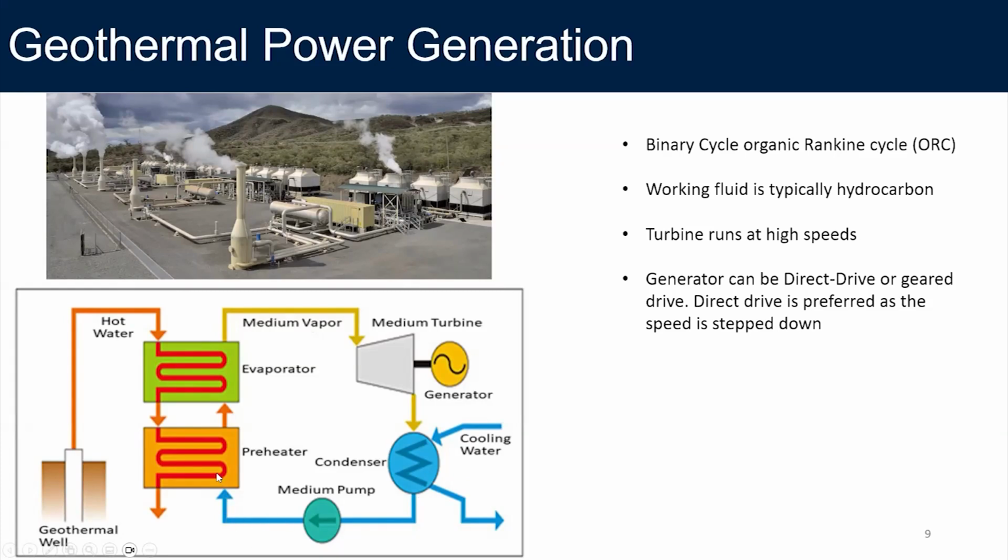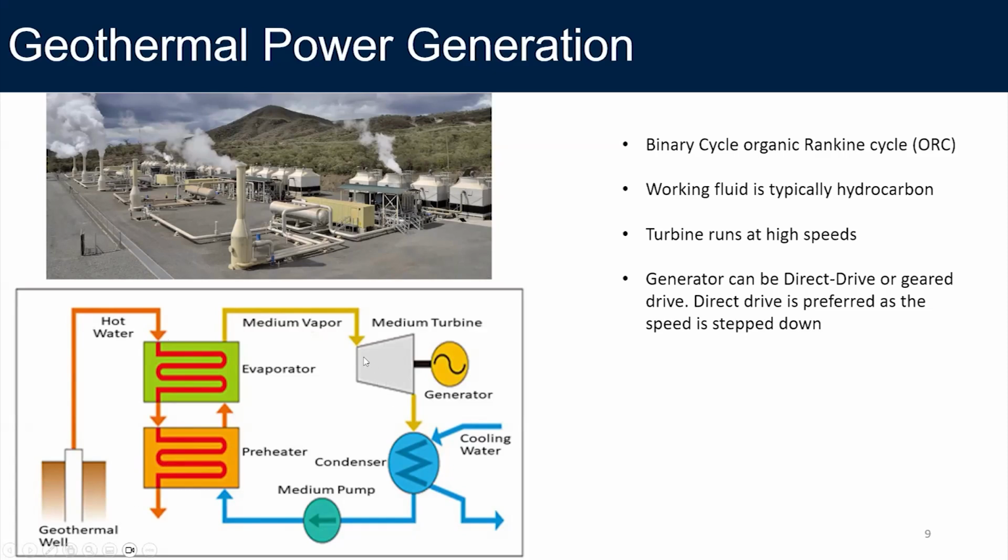That expands and runs this turbine at high speed, and then it's condensed again, and then that cycle runs. That's a closed loop. The thermal source, that's brine or liquid water at low temperature, passes through the heat exchanger and then goes back into the original source as well.